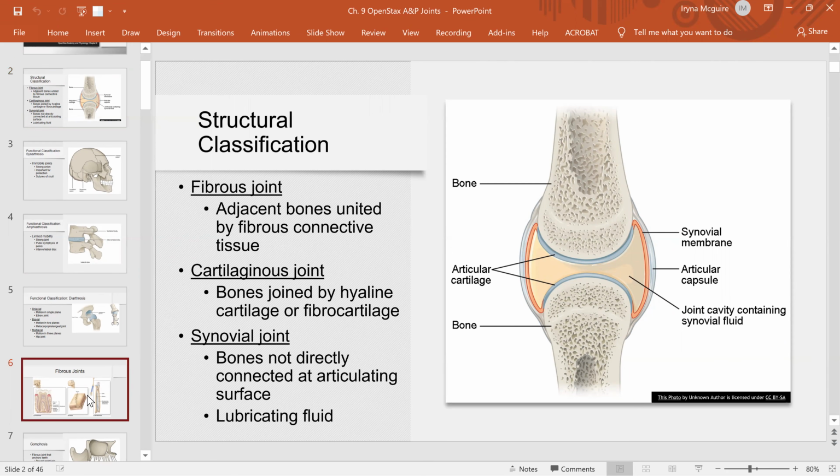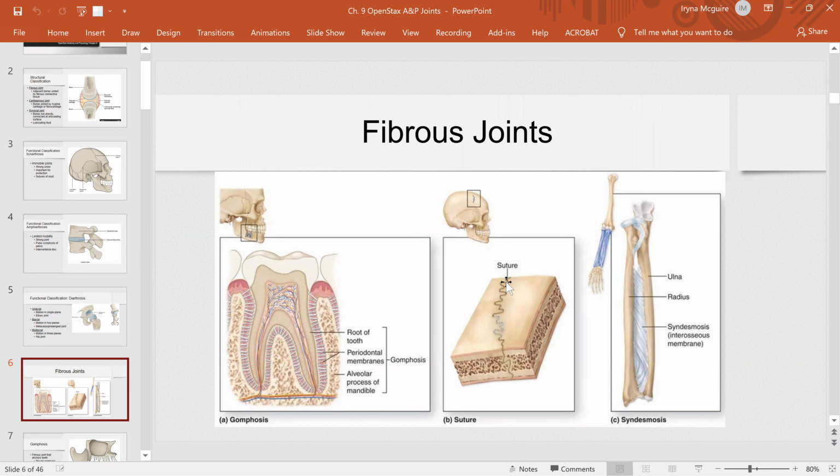If we have short fibers between two bones, those are sutures, and they are found in the skull. If fibers are longer, then it will be an interosseous membrane or syndesmosis, so it's also fibrous tissue between bones. Or it can be the periodontal ligament, which is only found in the joint that holds your teeth in their sockets.